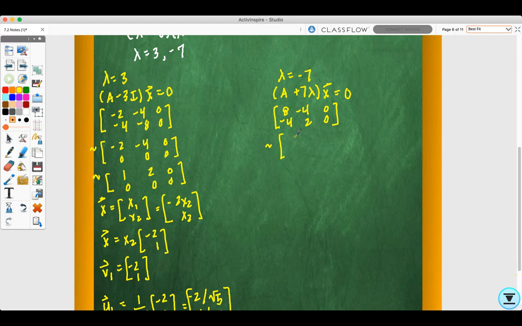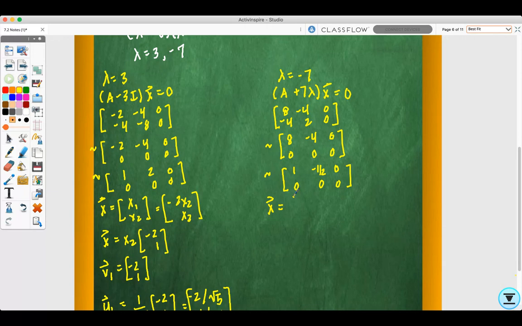First thing I can do is take half of row 1 and add it to row 2 to zero that out. And then I can divide row 1 by 8 to get [1, -1/2; 0, 0].